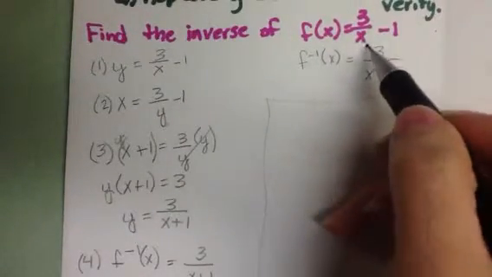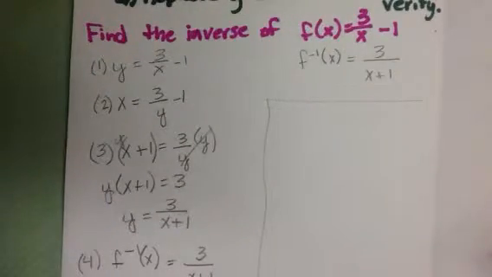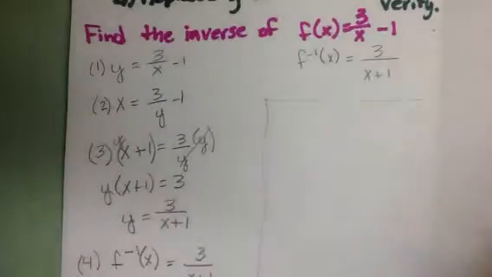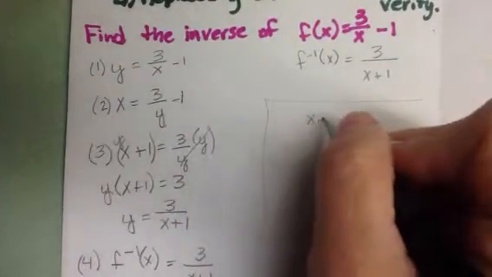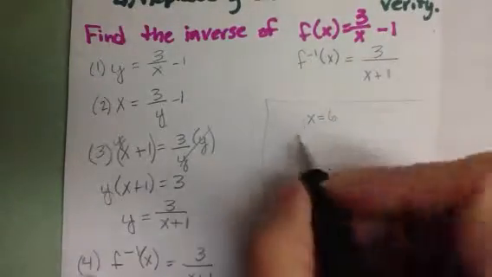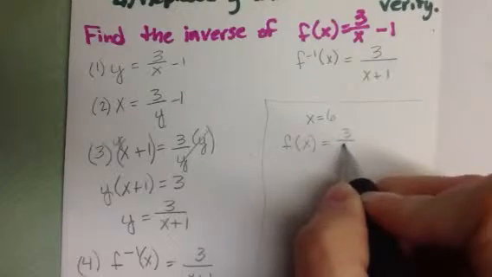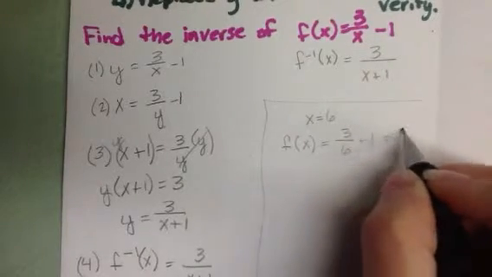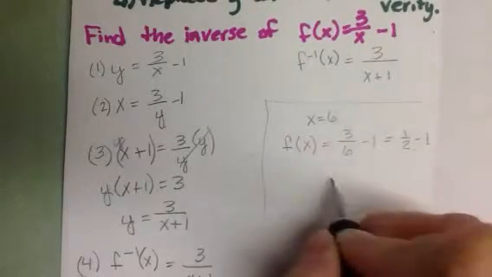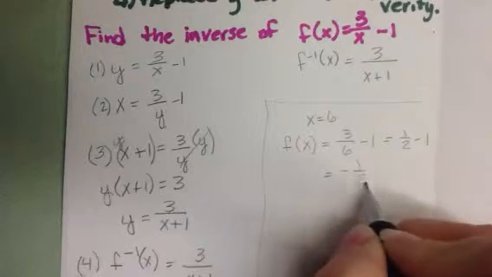So f of x equals 3 over x minus 1. Let's take something that's going to be easy. Let x equal 6. If x equals 6, f of x would be 3 over 6 minus 1, which is 1/2 minus 1. That's negative 1/2.